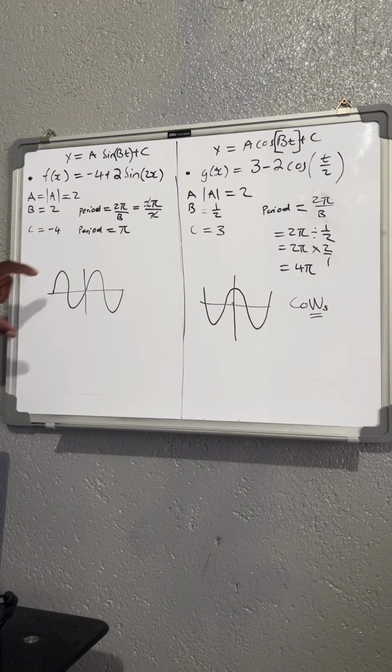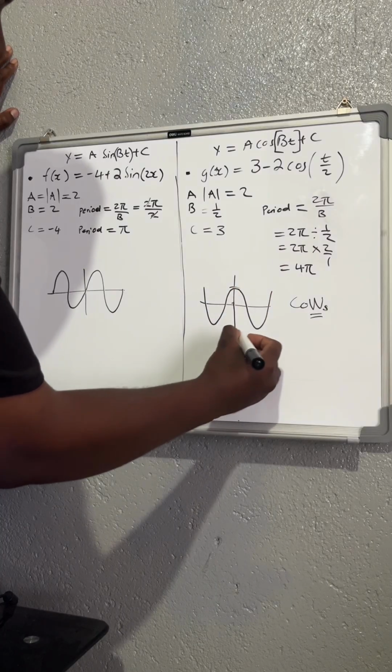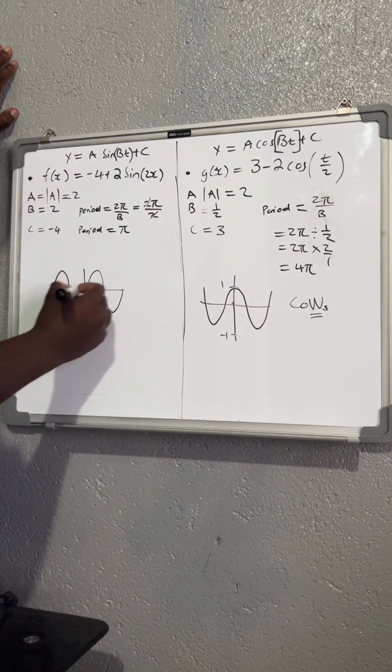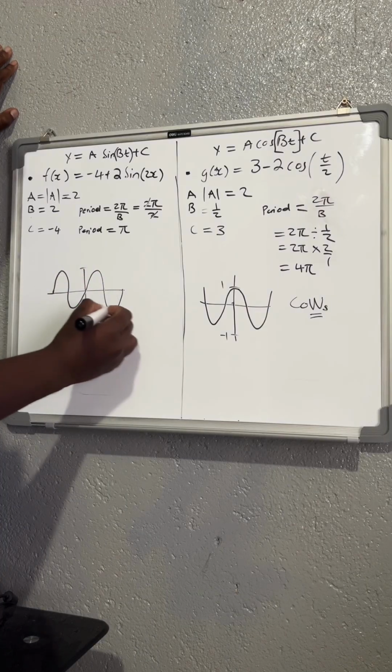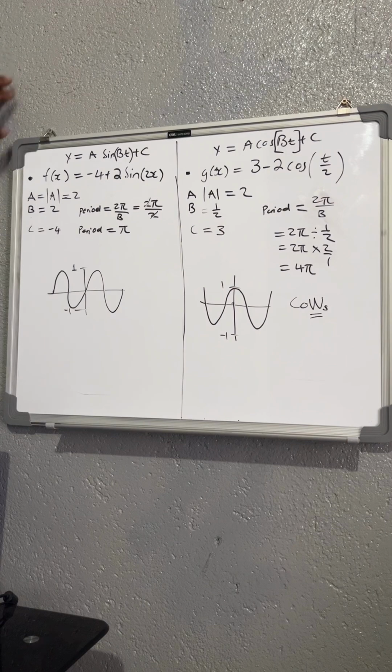And now, how is this going to help you determine your maximum and your minimum? This is the trick. You basically have to remember the range that your graph always oscillates between: -1 and 1. Even this one is the same. It's going to be oscillating between 1 and -1.